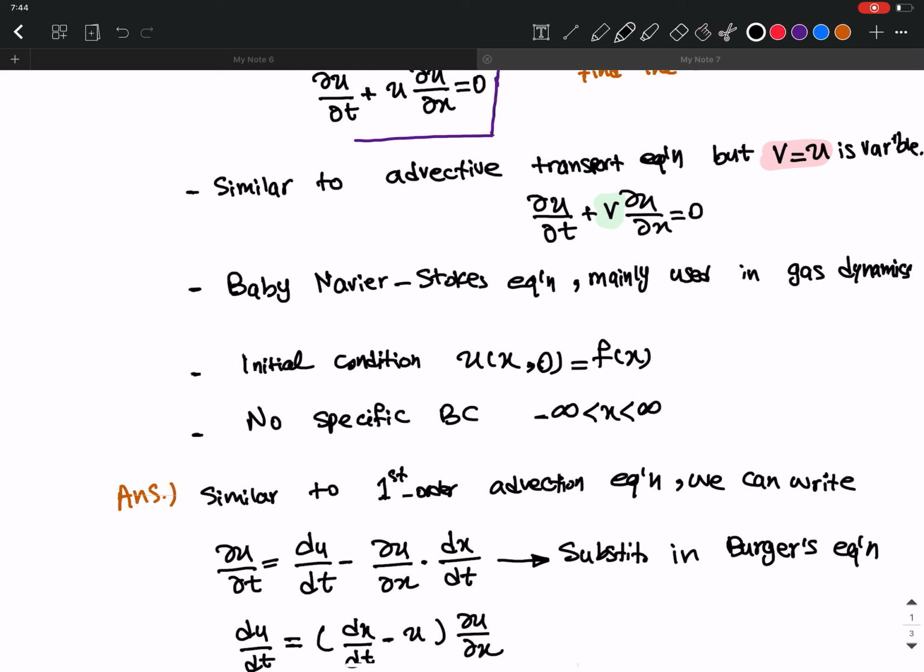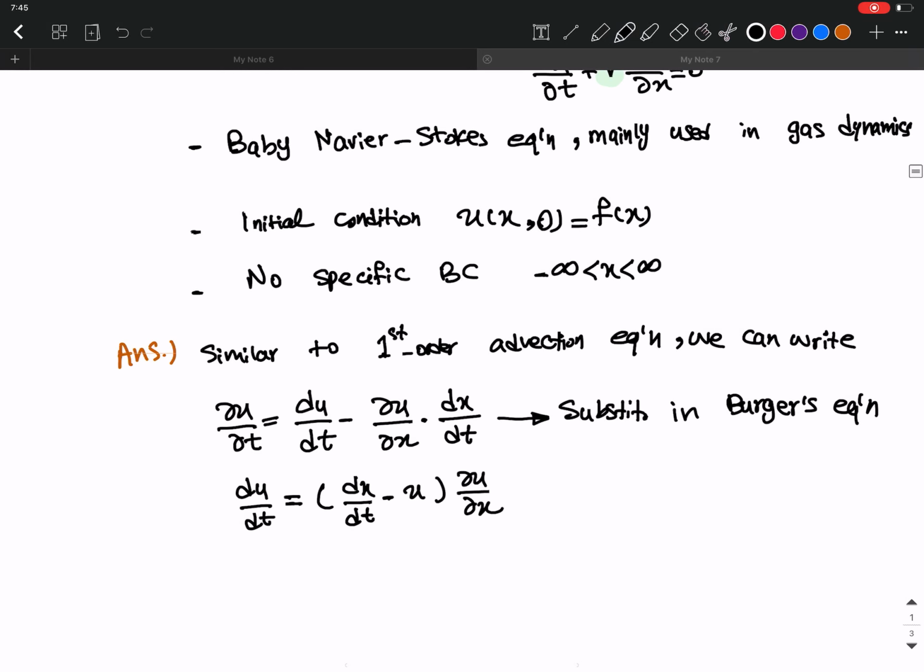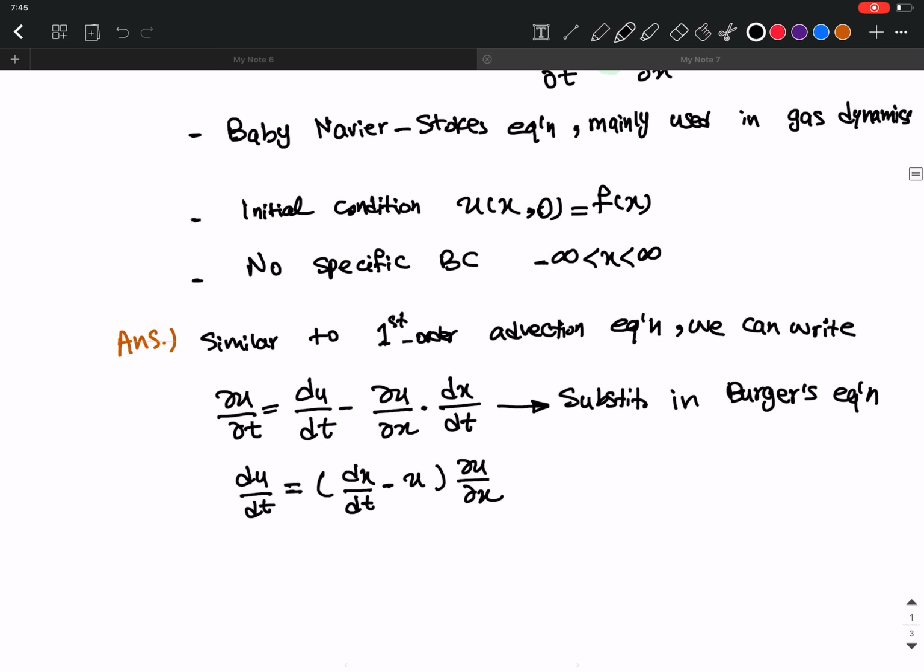So I have factored partial u over partial x and took this term to the right hand side of the equation and the other term also to the right hand side, and then I got this equation. So from this equation, now it's easy to find the characteristic.